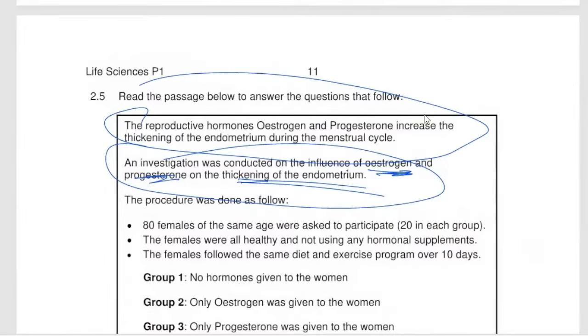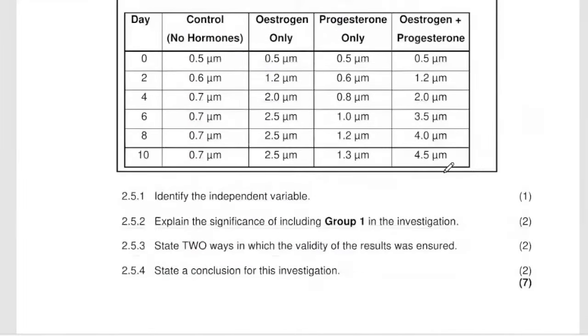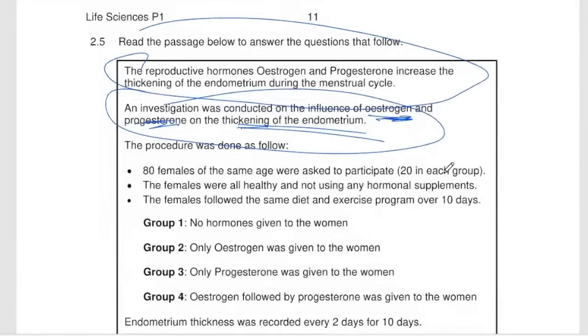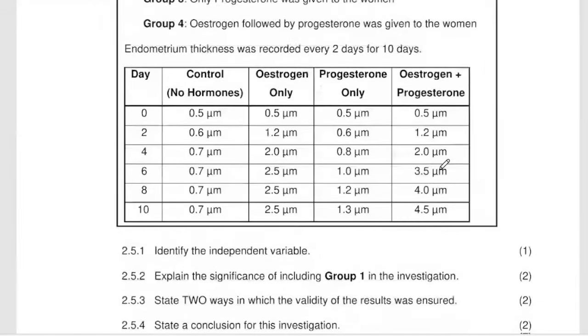So if the level of progesterone and estrogen is low, the endometrium thickening is going to be low. If it is high, the endometrium thickening is also going to be high. So you have to read and identify the independent variable. I've just talked about them. You can get the independent and dependent variable there, or you can get it from the table.